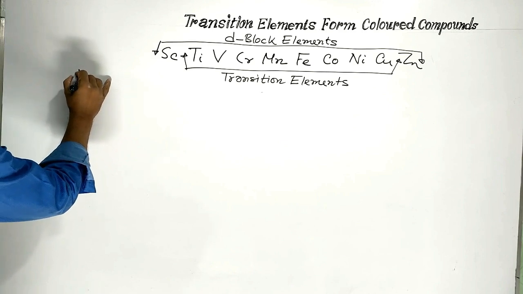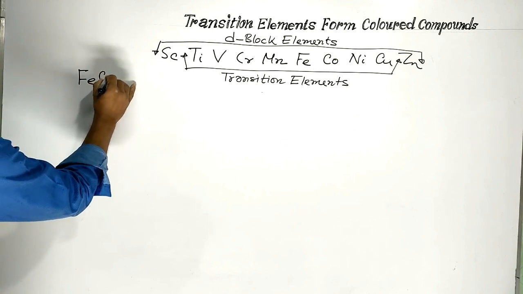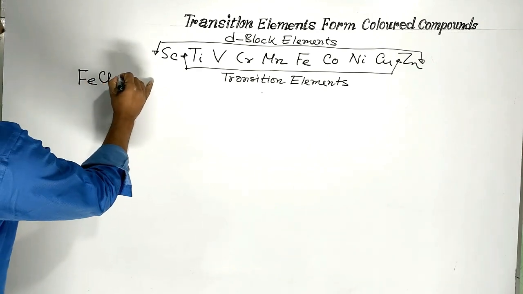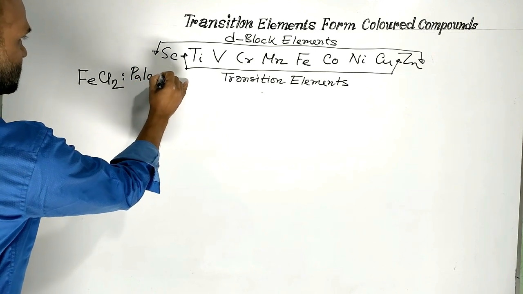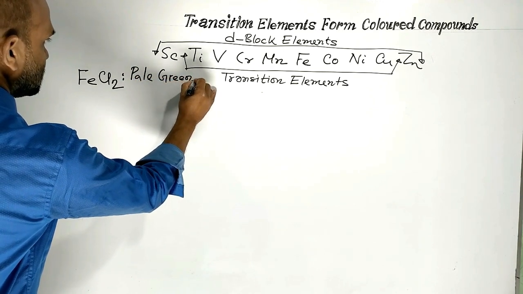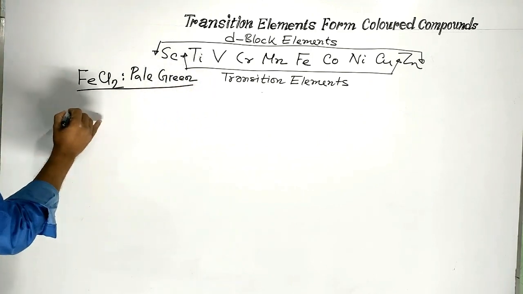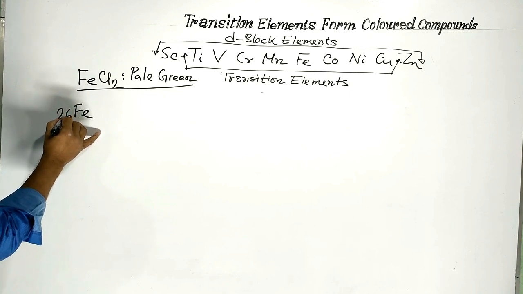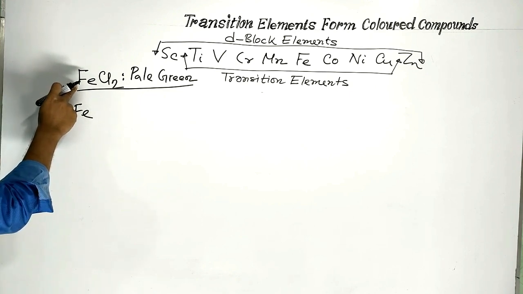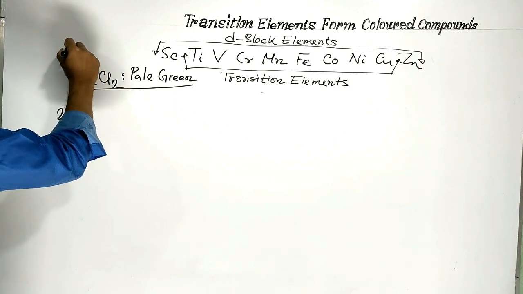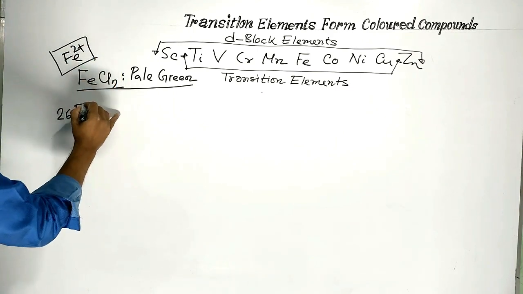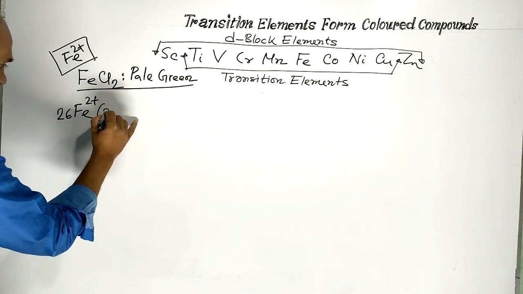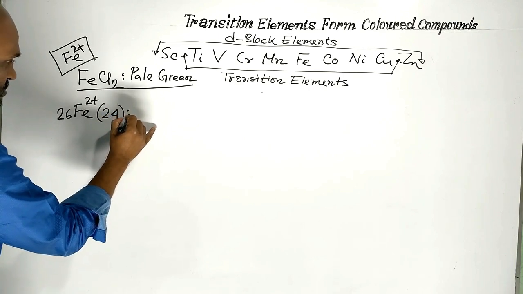Let us suppose the compound is iron 2 chloride or ferrous chloride, which is pale green. Here, iron, atomic number 26. In this case, the metal ion is iron 2 plus. It means this ion has 24 electrons.